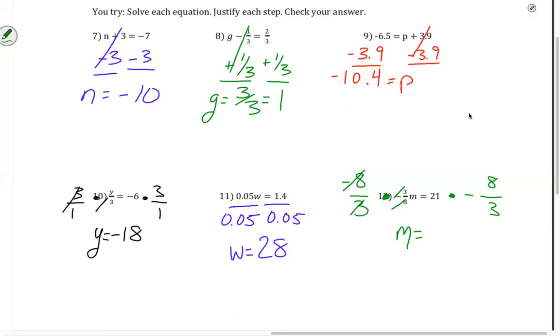Now I could do 21 times 8 and get 168 and then divide by 3, right? And I know my answer is negative, so I can put that there. But, Mateo, what is 21 divided by 3? 7, isn't it? Yeah. What's 7 times 8?